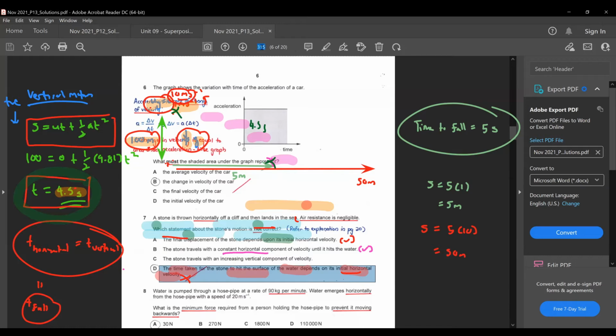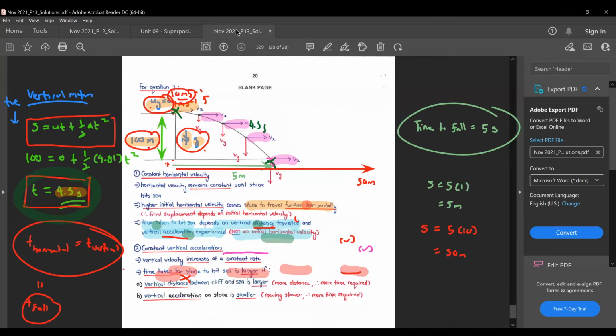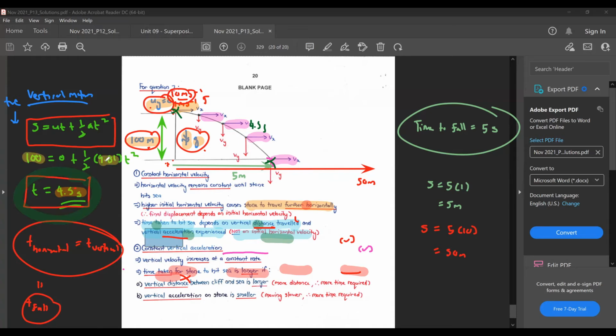It doesn't affect your time taken to fall to the sea. It depends on your vertical distance and your vertical acceleration. Basically, this vertical distance and this vertical acceleration will be the ones that actually affect the time taken. Okay, right? So that one is okay. So D was actually the wrong statement.